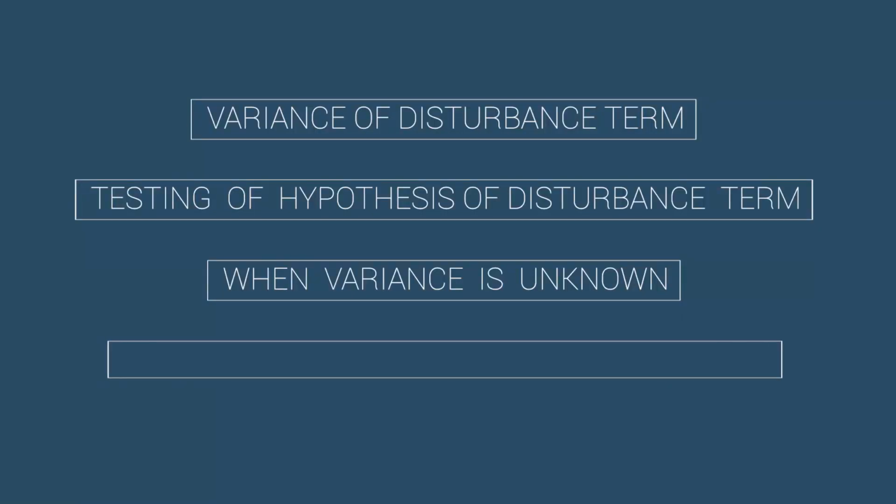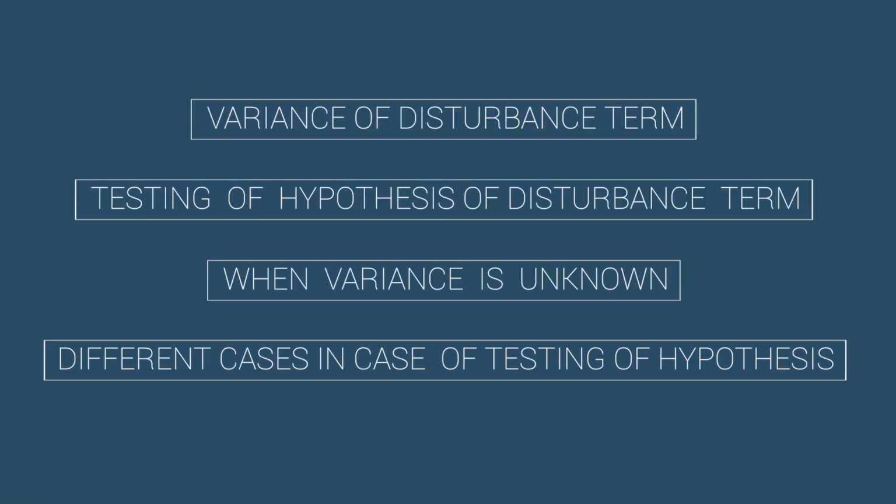Finally, we have elaborated on different cases of the testing of hypothesis. In all the three cases, we have invited a one-tail test or a two-tail test. But the major point of departure is whether we are operating at the alpha level of significance or the alpha by 2 level of significance.